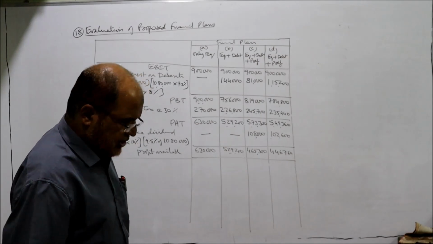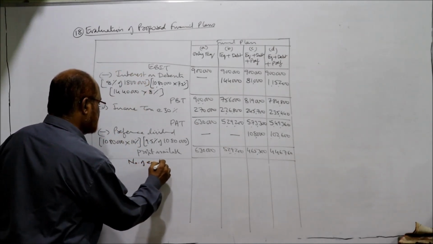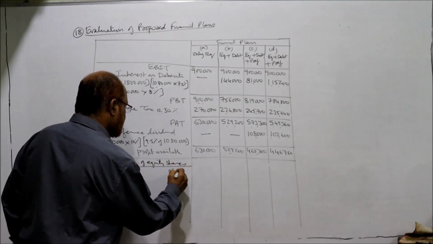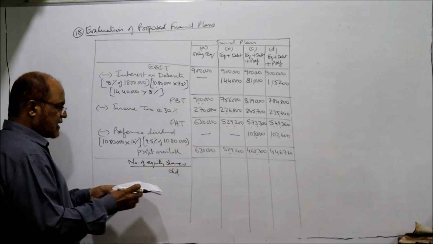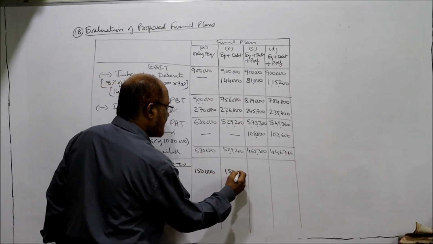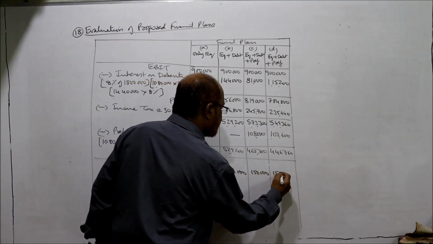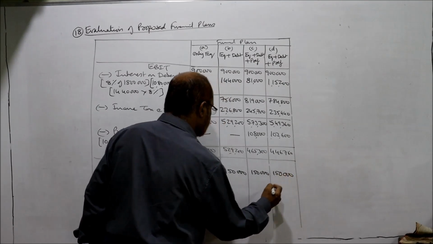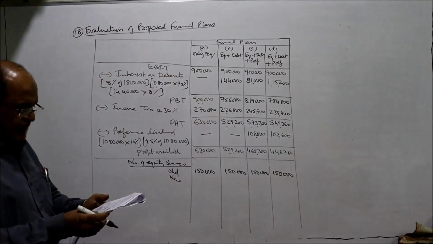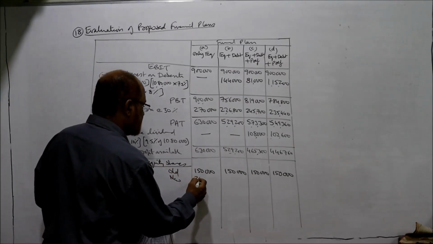Now, number of equity shares. Existing old equity shares are 1,50,000. It is given in the first line. Now new cases. First case, entire amount 36 lakh, so 3,60,000.